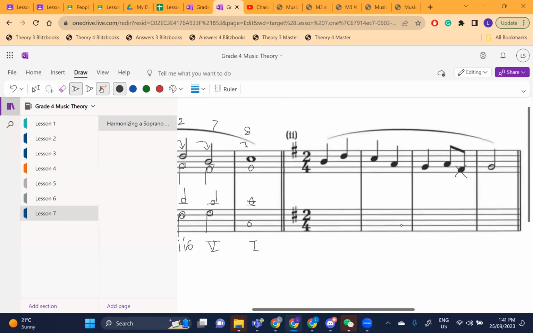But if they have any quavers, you can treat that as a passing note, not part of the melody, just something that adds a bit of interest to an otherwise, I guess, boring melodic line.